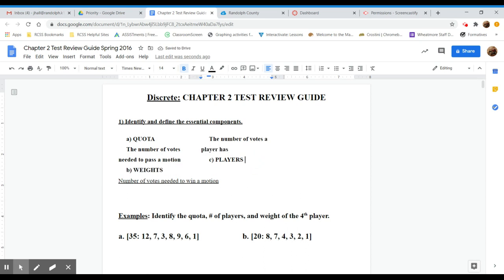And when we talk about players, those are the people, corporations, departments, whatever you want to call it, that have a vote in the weighted system. So players over here, people who have a vote in the weighted system, weights the number of votes a player has, and then quota the number of votes needed to pass a motion, which you can see here already.